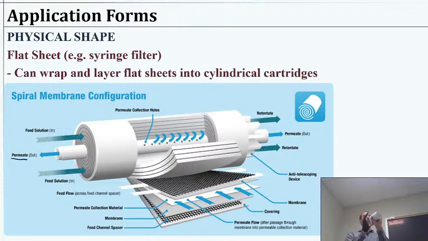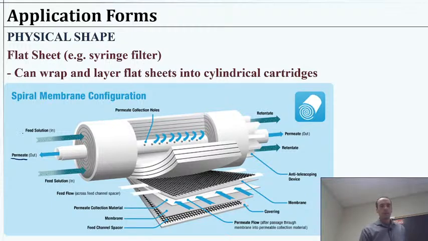So we can just even think about one membrane here. If you're giving water to it from the outside of this cylinder, just like that one we looked at in the picture, water could pass through, and then it would be permeate. But anything that's remaining outside of here is going to be the retentate. And we might be feeding the water from this direction or something, right? Anywhere around it, it's coming, meeting the membrane, and then leaving one way or the other. And so that's essentially what's happening.